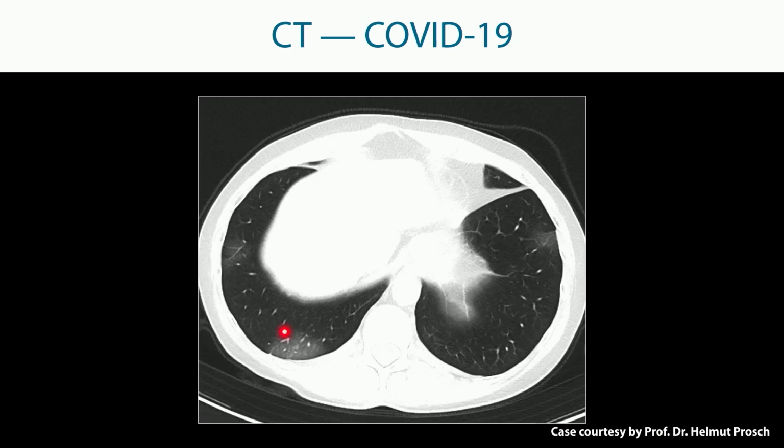And here's another example where you can see the same findings. It is very important to know that those findings can occur in various diseases of the lung, so they are definitely not specific, but in this pandemic, it's very suggestive for COVID-19 patients.